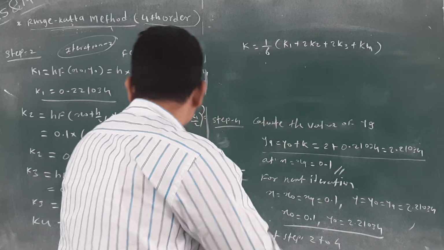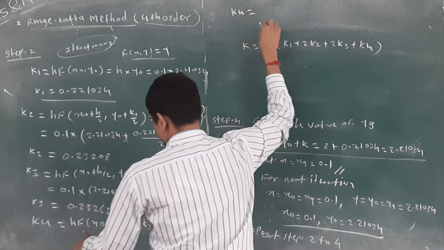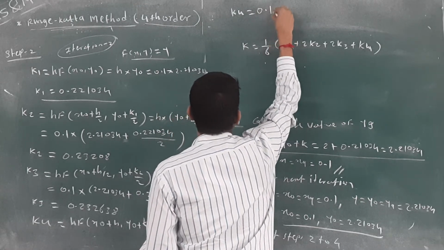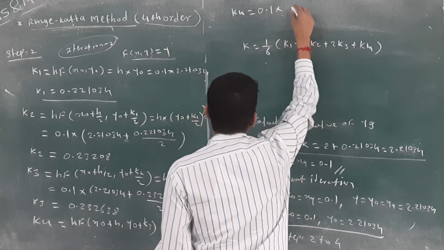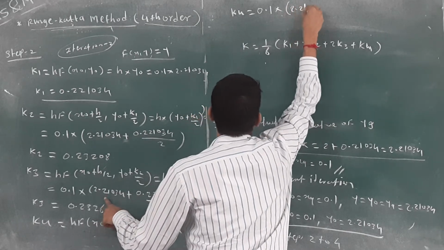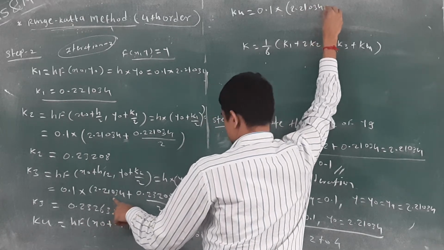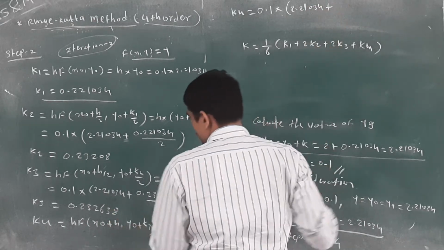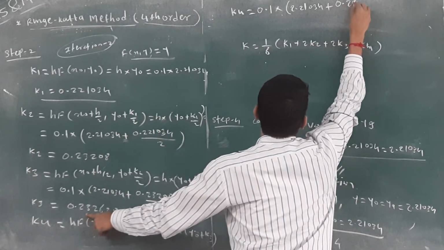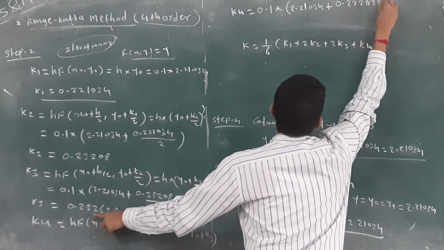Anybody tell me. k4 is equal to, h is 0.1 into y0, what is the value of y0? 2.21034 plus k3, what is the value of k3? 0.232638.